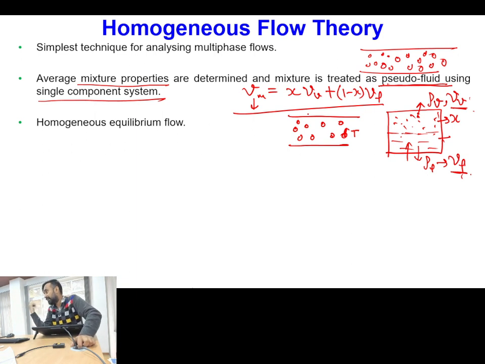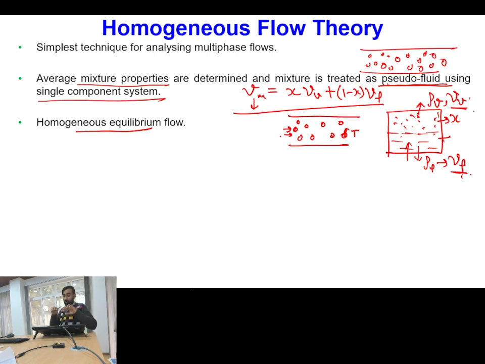We know that in a real system, the velocity of the particle and the velocity of the continuous fluid will be different, but whenever we consider this homogeneous equilibrium flow theory, we assume that whatever the velocity of the continuous fluid is, the same is the velocity of the particle.